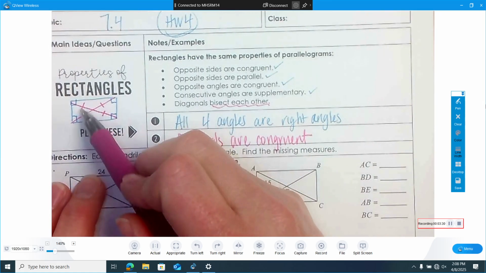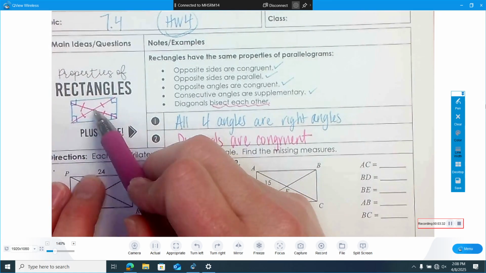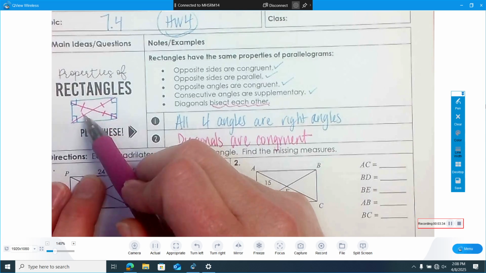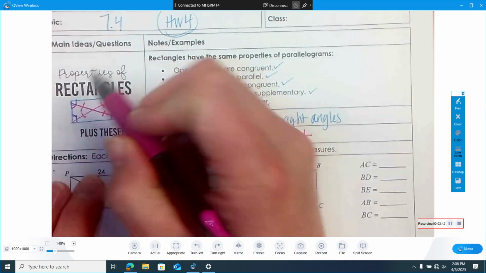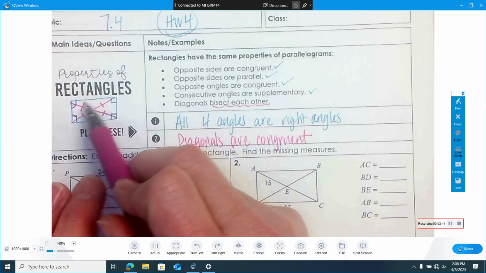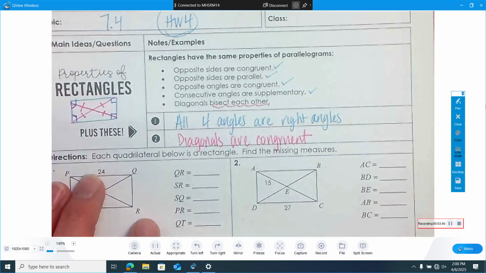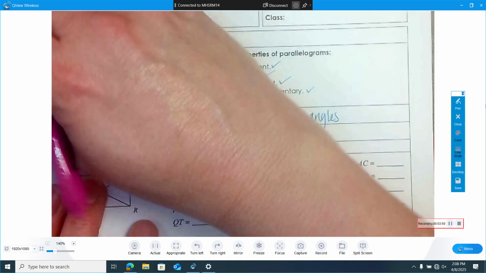We get little triangles here that are isosceles. And so if we have two congruent sides in a triangle, we also have congruent base angles. And there's lots of these little isosceles triangles in a rectangle. So that's something we want to pay attention to.